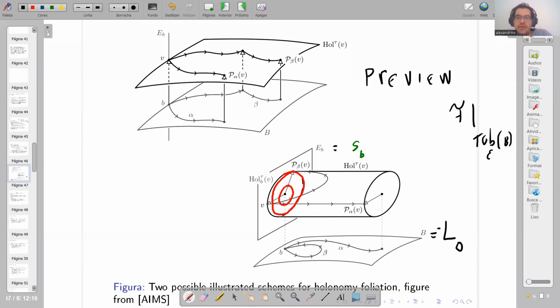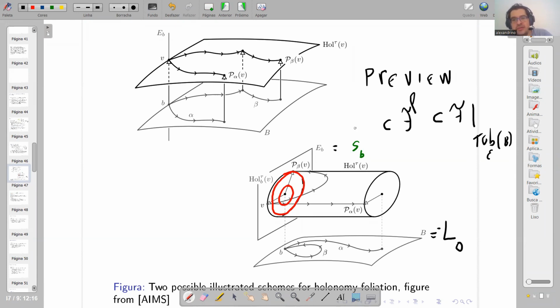An interesting property of a singular Riemannian foliation is that they are saturated. So if you take a small enough tube, then your foliation stays inside. Each leaf belongs to a cylinder. Then we will see that we have an interesting foliation called the linearized foliation.